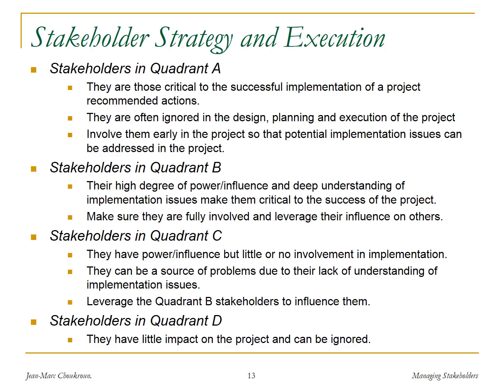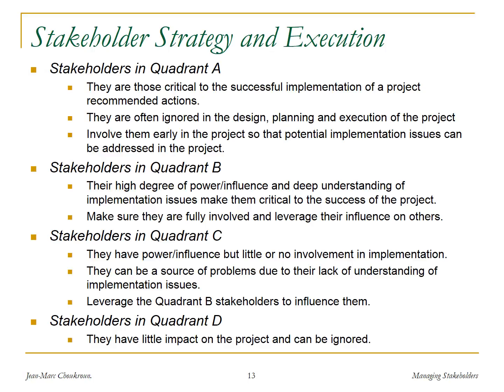So your whole strategy is to try and involve them as early as possible in the design and implementation of the project. In quadrant B, you have the people who are high influence and high power, and these are the people who are going to make the project a success in the design and the execution.